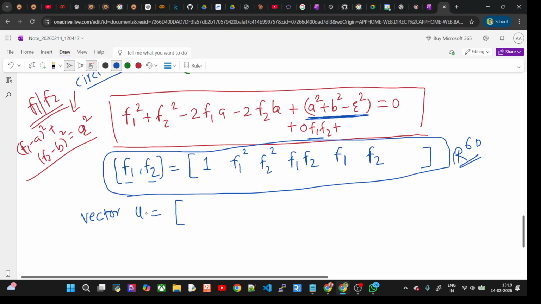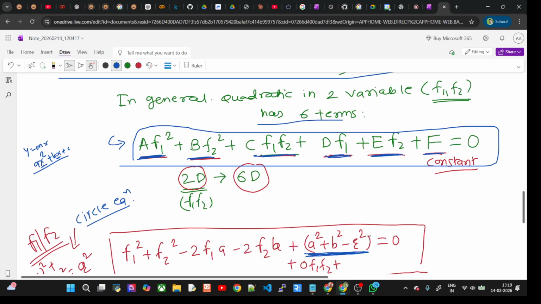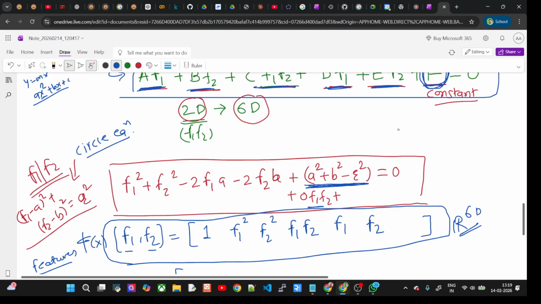So we call this a feature map, F of x. Any 6-dimensional case has this feature map: 1, f1 square, f2 square, f1 f2, f1 and f2. This is a 6-dimension feature map. Don't relate it with PCA or anything. This is for the constant, a square plus b square minus r square, any constant in this equation, which I consider as 1.